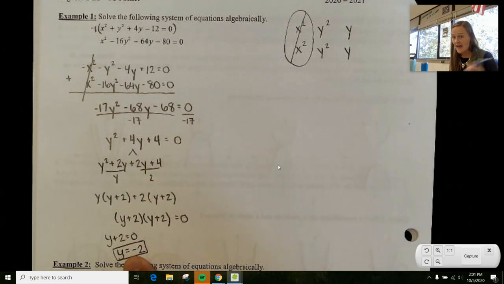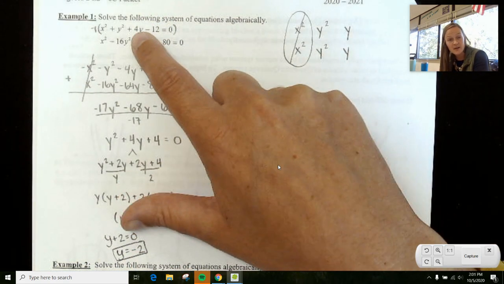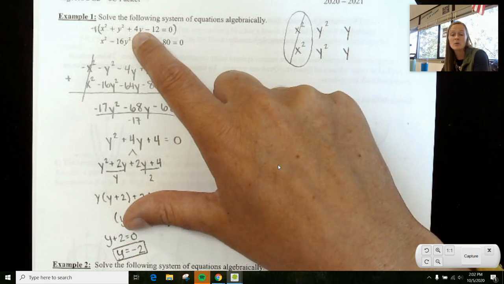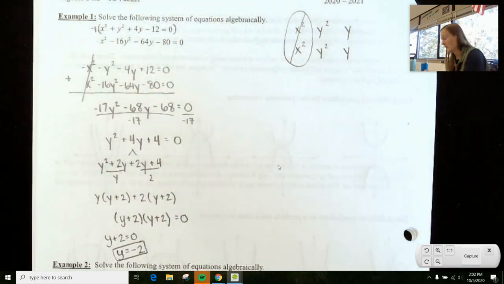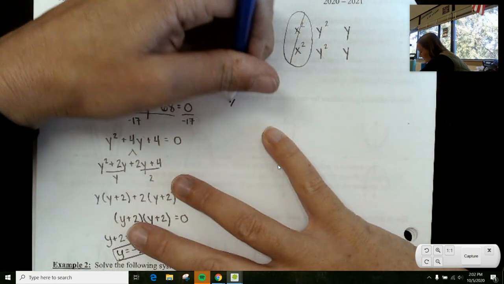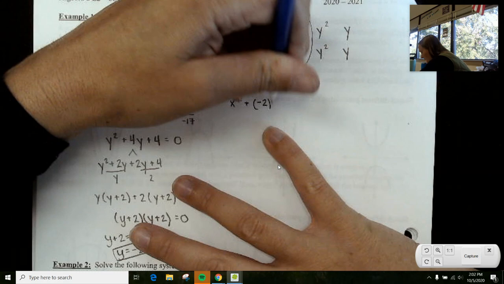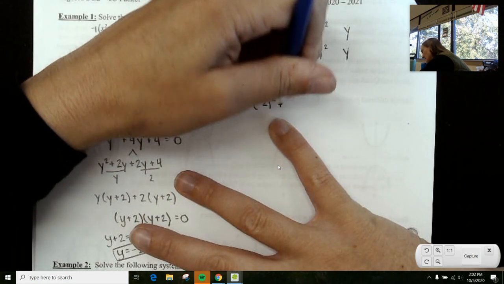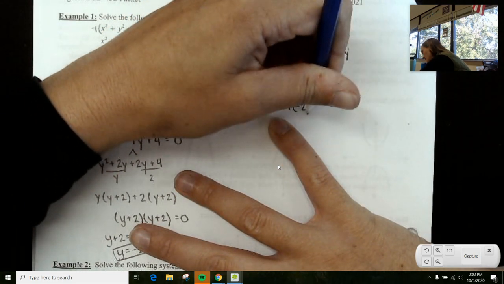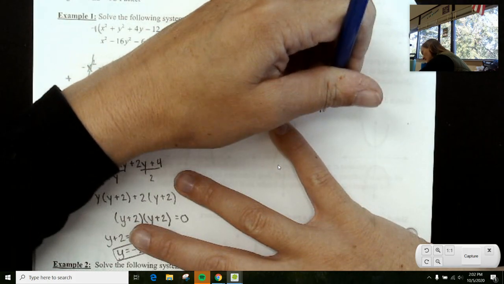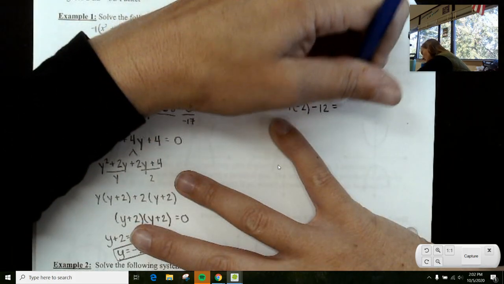And just like any other system situation, you take that value of y and you plug it in to find the other value. So I'm looking up at my original equations, and I'm going to use the top equation to plug in y equals negative 2. So I've got x squared plus negative 2 squared plus 4 times negative 2 minus 12 equals 0.